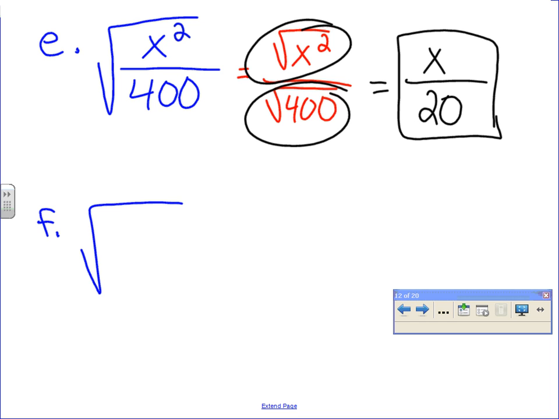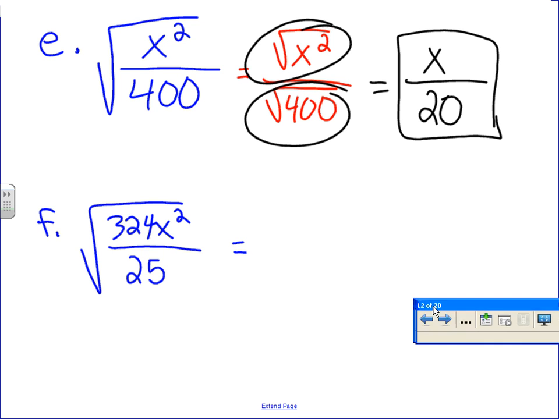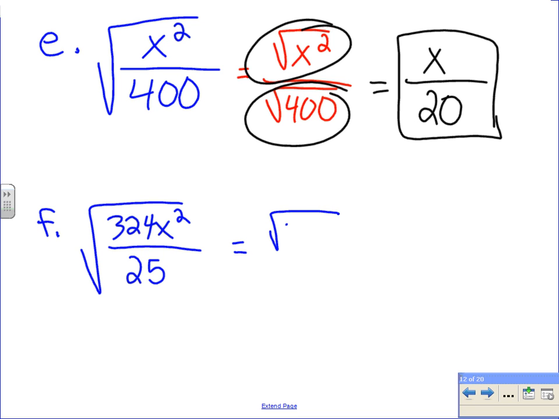Letter F. Square root of 324 x squared over 25. Okay, first thing we want to do is split them up. So we're going to split them up to be square root of 324 times square root of x squared over square root of 25.